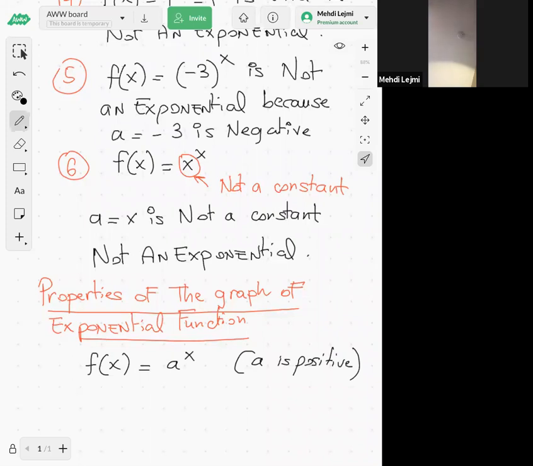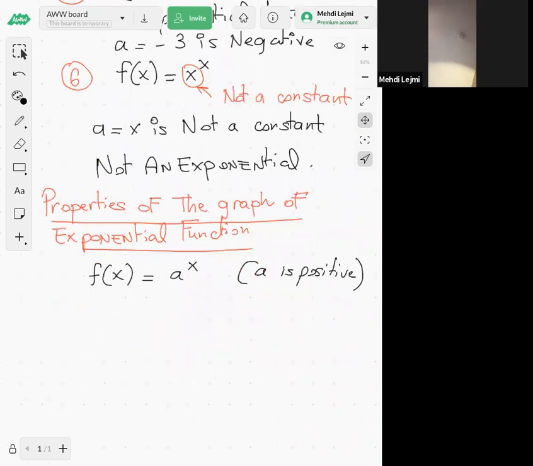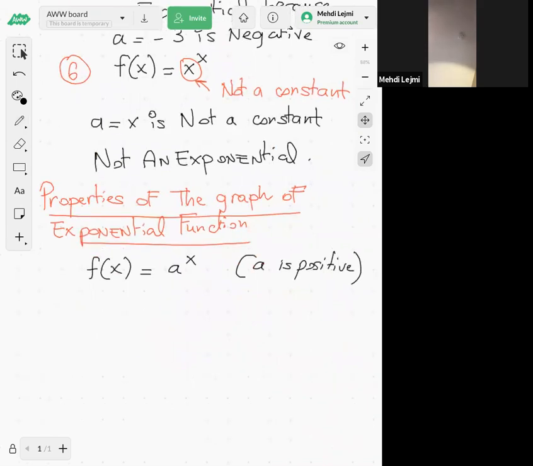So the first question we can ask here is, what will be the domain of such a function, A to the power x? Well, there's no division, so your input x could be any real number.